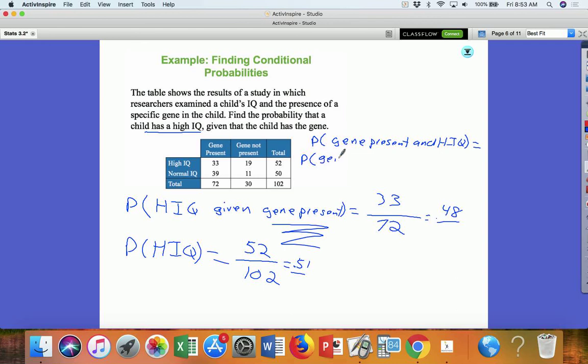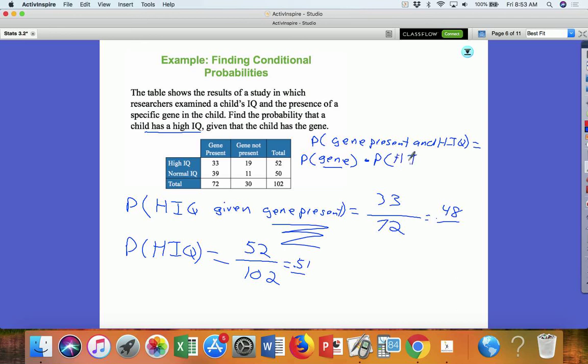Probability of gene present times what? I'm not going to say it. I'm waiting for at least the wrong answer. So is it going to be gene given high IQ, or is it going to be high IQ given gene?